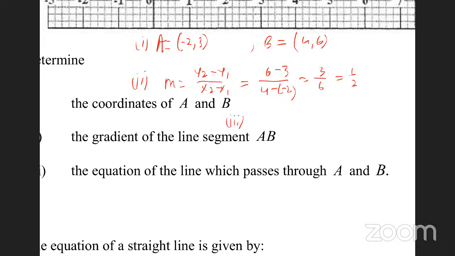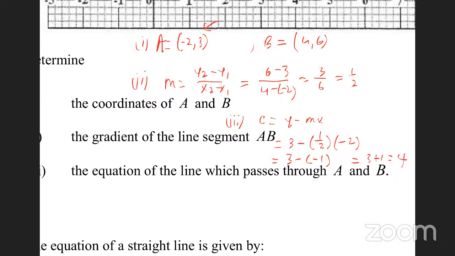So to find the equation, we need to get C. C is y minus mx. So y, I will choose y as 3. Gradient is a half. And x is minus 2. So a half by minus 2 is minus 1. So again, 3 plus 1, which is 4.